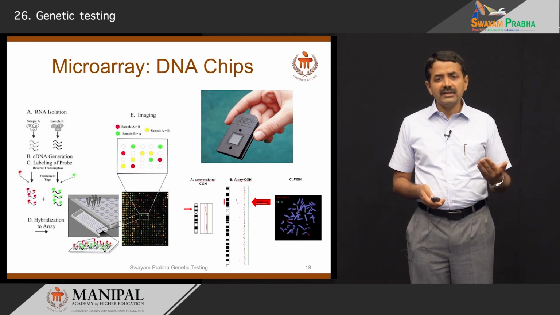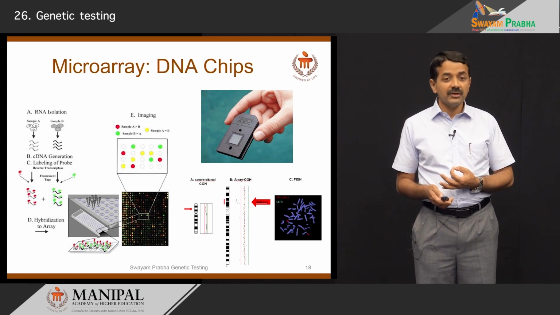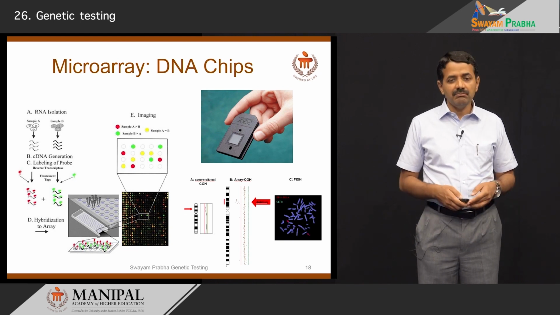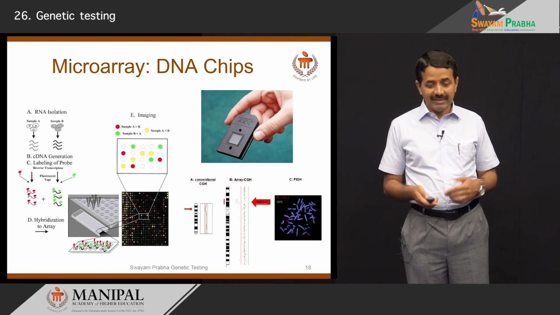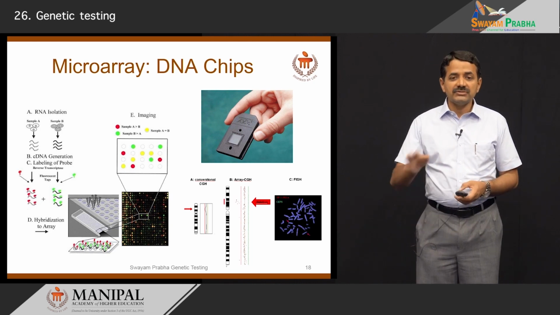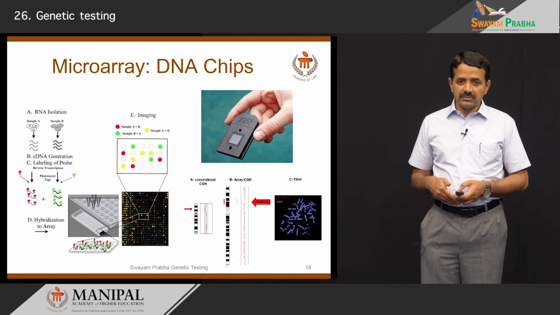This gives very nice resolution of small segments of the chromosomes, which are not detected by traditional karyotype. It can count the chromosome number, but what it cannot detect is balanced rearrangement, because we are just analyzing the dosage and not the structure.